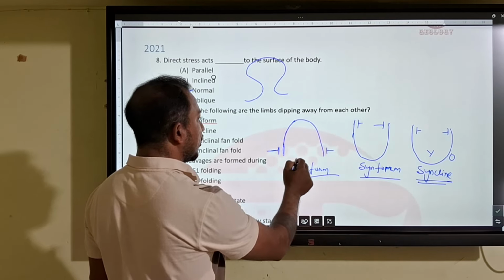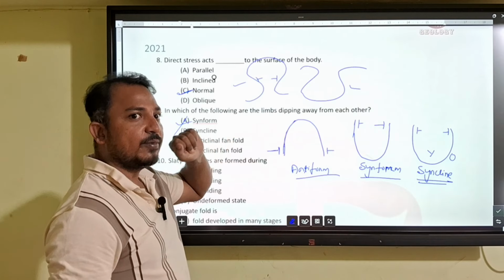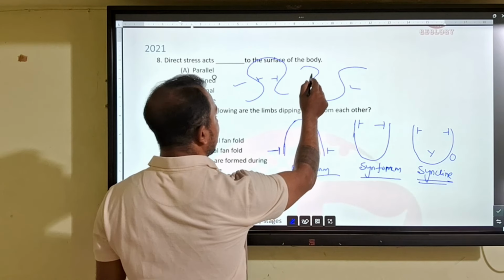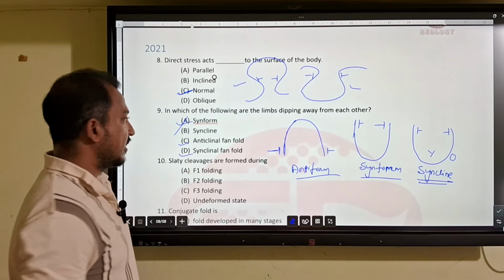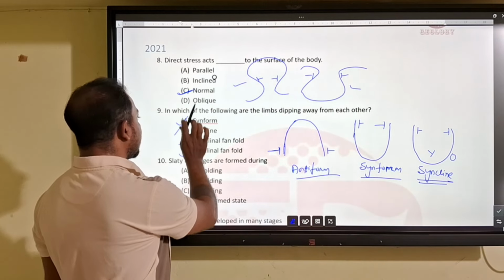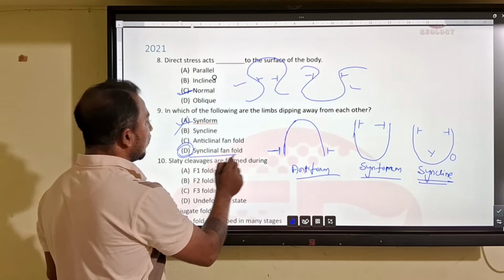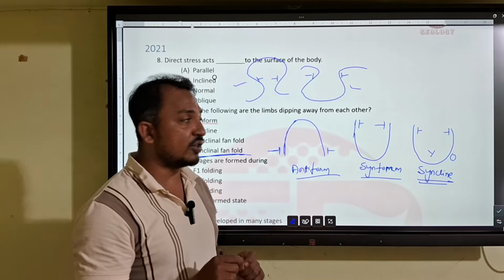In case of antiform, we have seen that limbs dip away from each other, but if it is overturned, the dipping direction will change. So in anticlinal fan fold, the limbs will dip towards each other. In synclinal fan fold, the limbs will dip away from each other. So the answer will be synclinal fan fold, because in fan fold both the limbs are overturned, so the dipping direction condition will change.